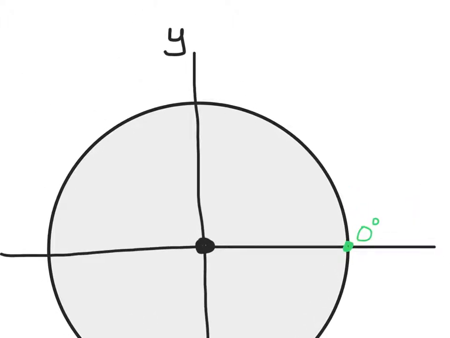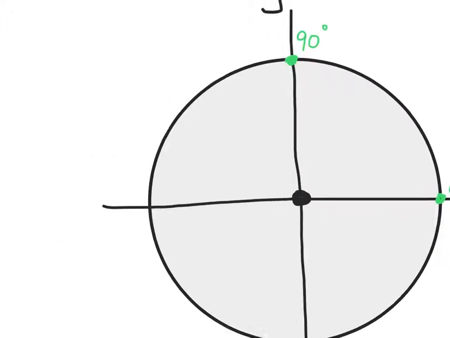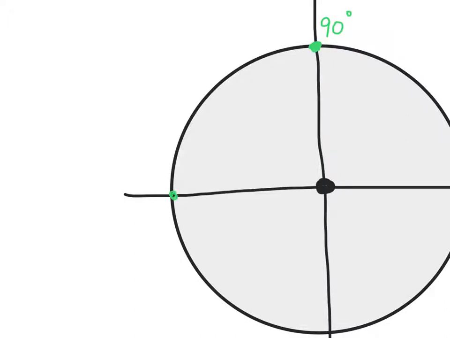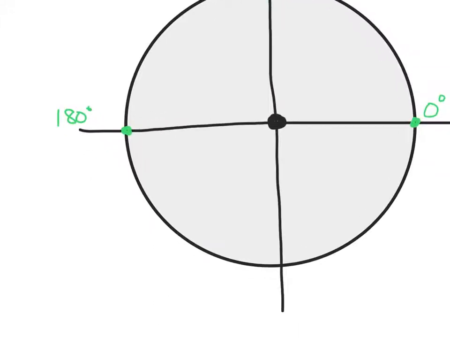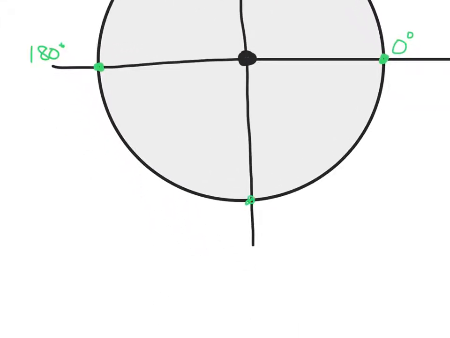Up here, where the positive y-axis intersects with the unit circle, that's 90 degrees. Over here on the negative x-axis, that's 180 degrees. Down here, where the negative y-axis intersects with the unit circle, that's 270 degrees.